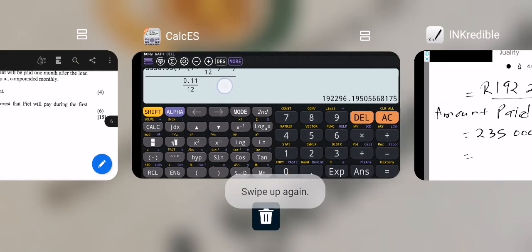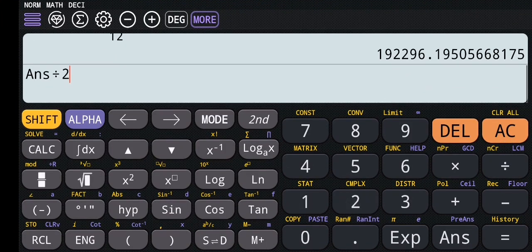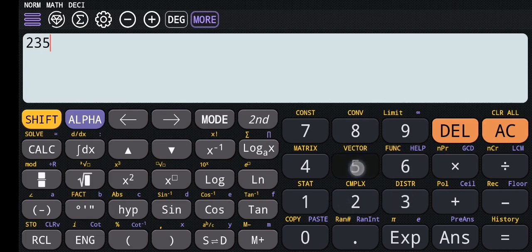Let's punch that in: 235,000 minus 192,296.1951.